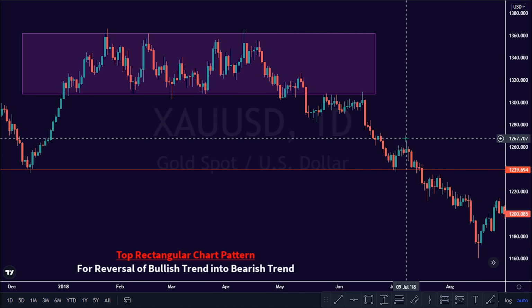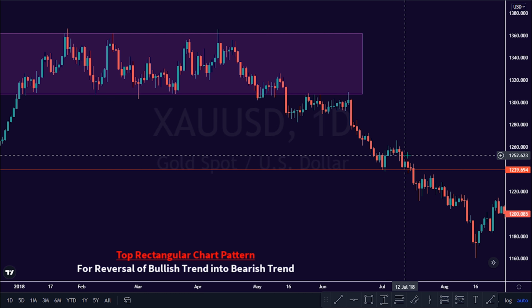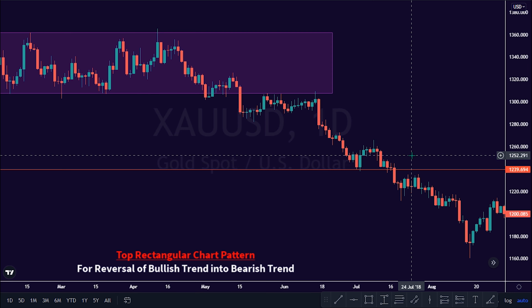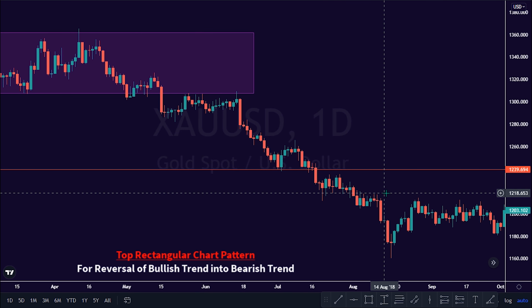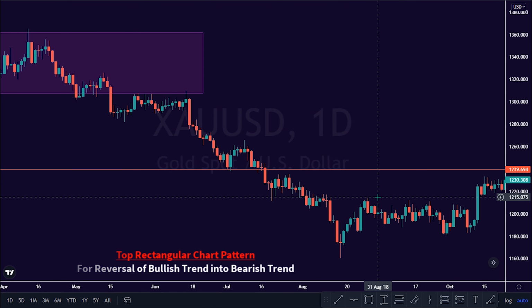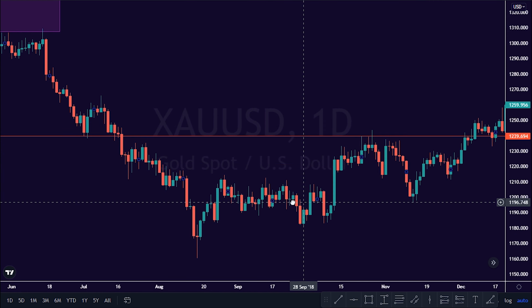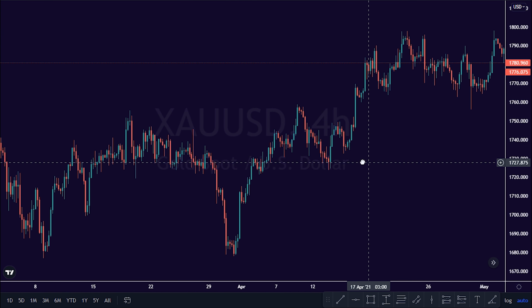The first swing level for trailing profit would have been at the high of the second bearish pin bar here. The second swing level for trailing profit would have been the high of the bearish engulfing candlestick pattern here.